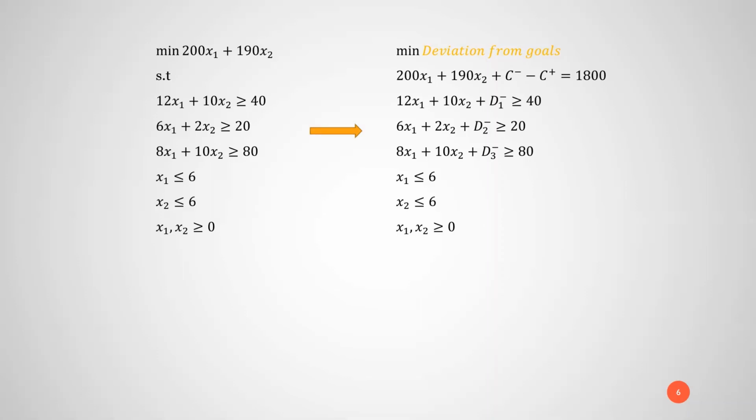Here we will represent the deviation from cost with C plus and C minus, C with a positive superscript and C with a negative superscript. This is only to differentiate this goal from each product, because I want D1 to represent product number 1, D2 to represent product number 2, and D3 to represent product number 3. Simply, you can consider D1 instead of that C for this goal.